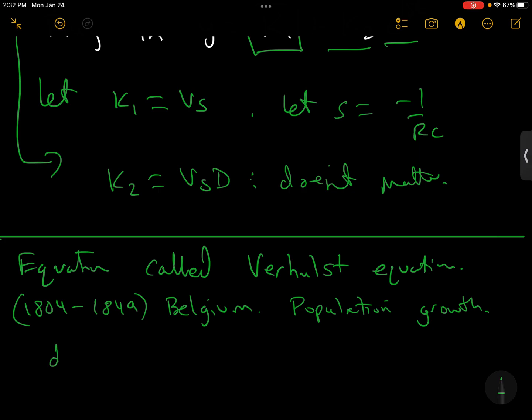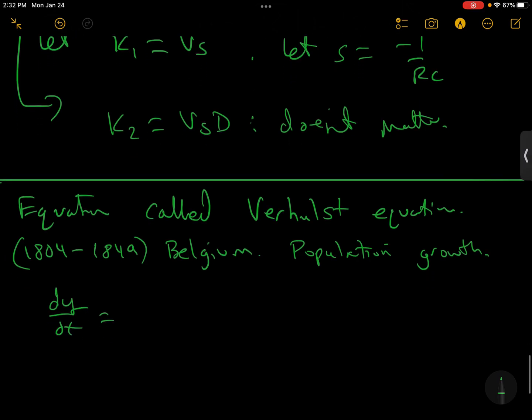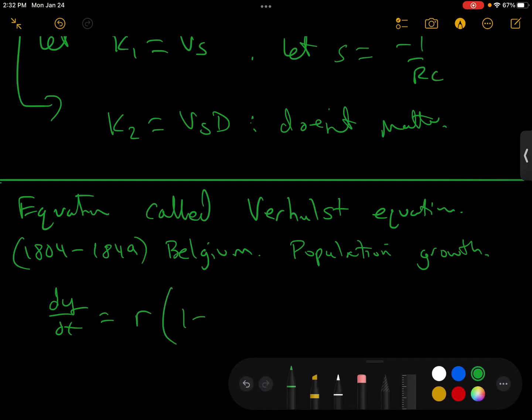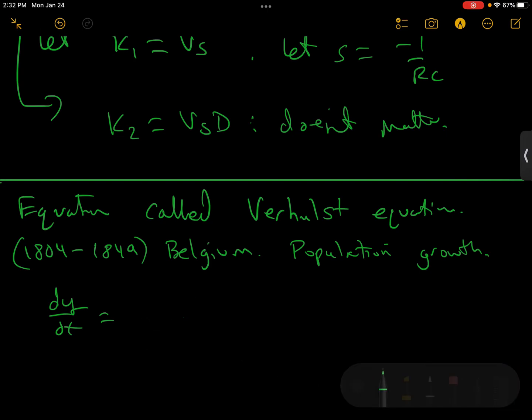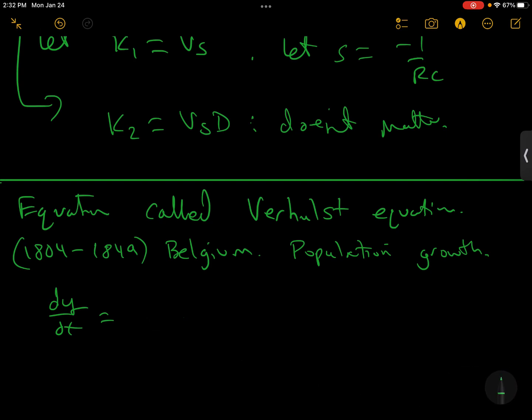It looks like this. It's dy/dt equals, let me do it the long way, (r minus ay) y. And this is also now called the logistic equation.